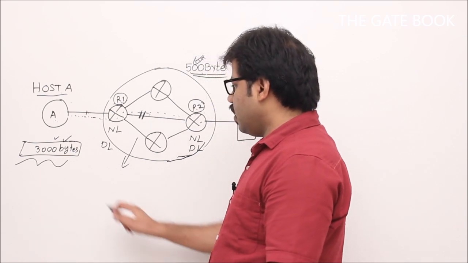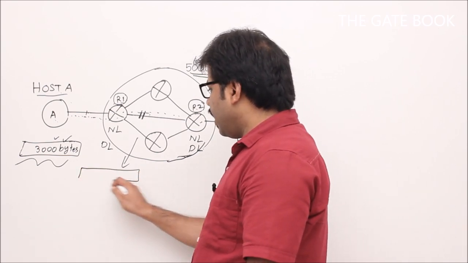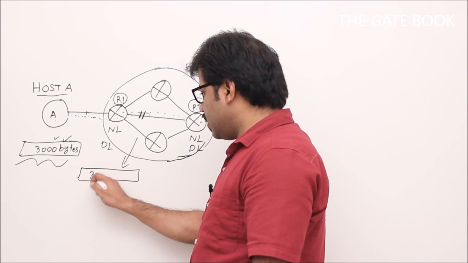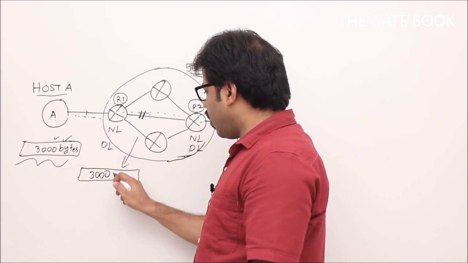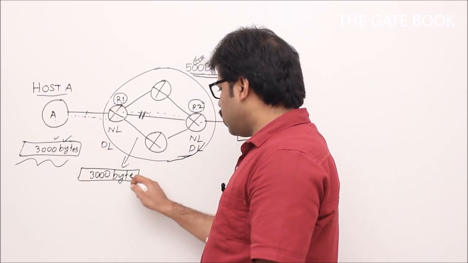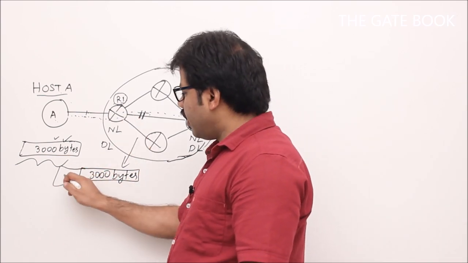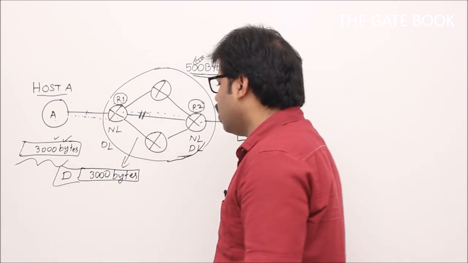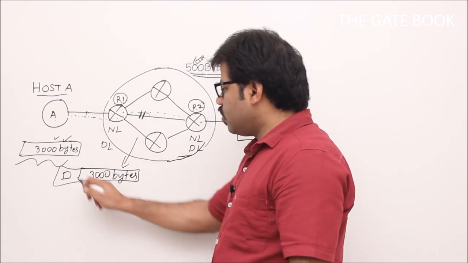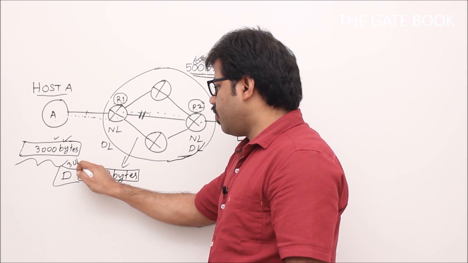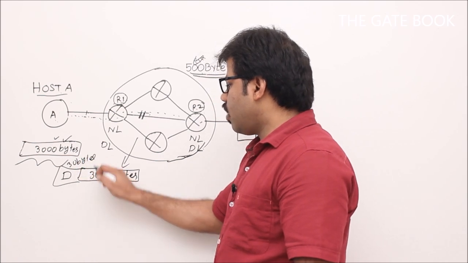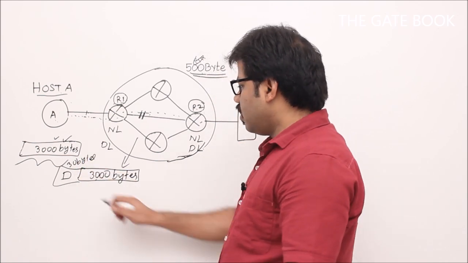The reason we will see. What if R1 directly and blindly sends these 3000 bytes as they are, like A did? What is going to happen? We'll see. 3000 bytes plus, now here there is a data link layer header. Let's assume that is D. So D and 3000. Assume that D is something like 30 bytes for simplicity. That is 3030 bytes.